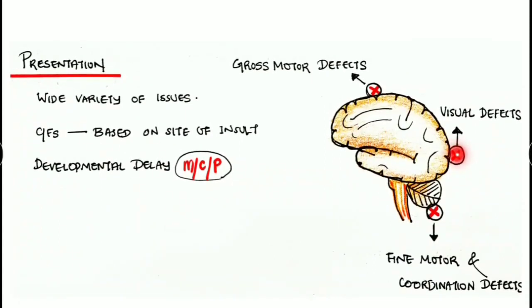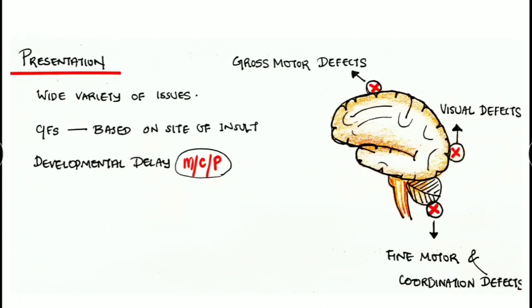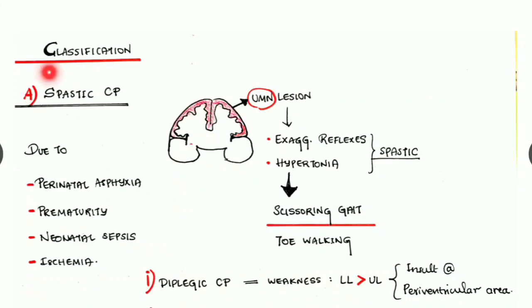If there is insult to the developing visual cortex in the occipital lobe, then it results in visual defects. Whereas if the insult is in the developing cerebellum, then it results in fine motor issues and coordination defects in the baby.